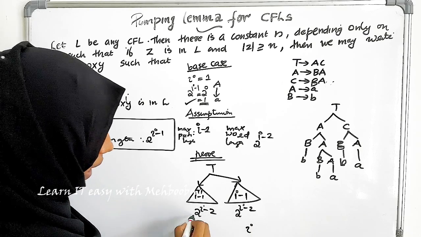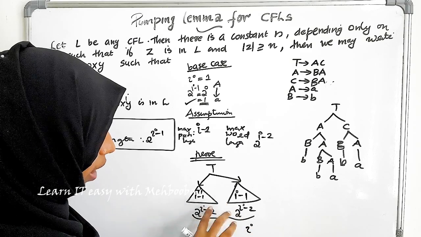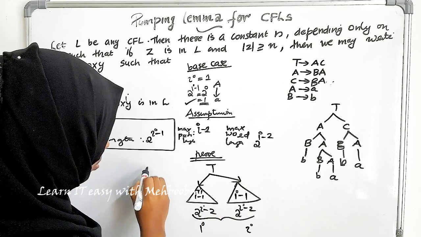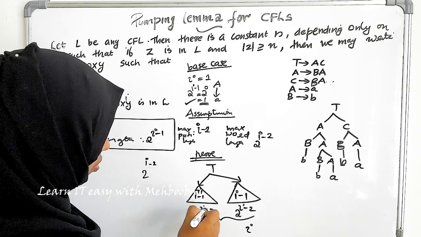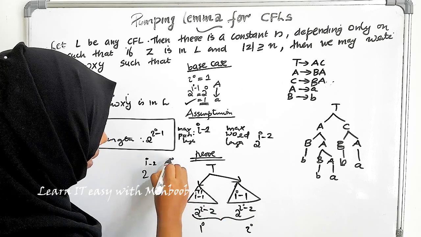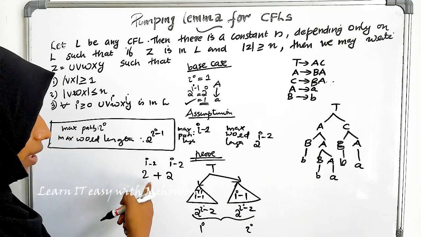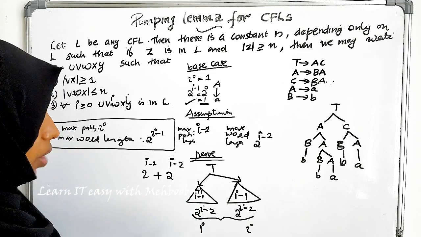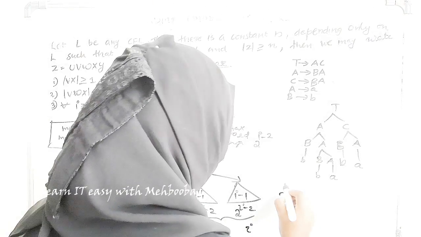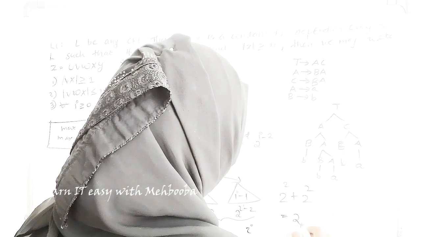Now what about the maximum word length? To get the maximum word length, you have to count all the terminal symbols, right? Here we have 2 raised to I minus 2 leaf nodes, and here also we have 2 raised to I minus 2 leaf nodes. So the total leaf nodes are 2 raised to I minus 2 plus 2 raised to I minus 2. For example, 2 raised to 2 plus 2 raised to 2 is actually 2 raised to 3.